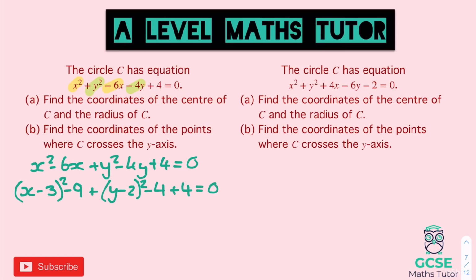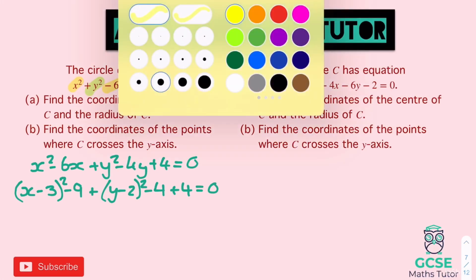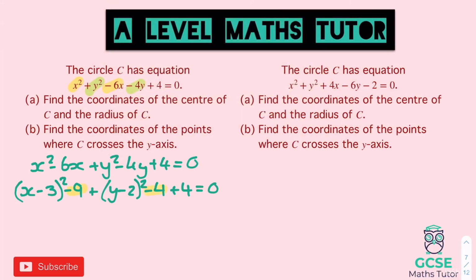So if we look at those numbers now, we've got minus 9, minus 4 and plus 4. Minus 4 and plus 4 cancel each other out anyway, so we just need to add that 9 over to the other side, and we end up with x minus 3 in brackets squared plus y minus 2, again in brackets squared, equals positive 9.